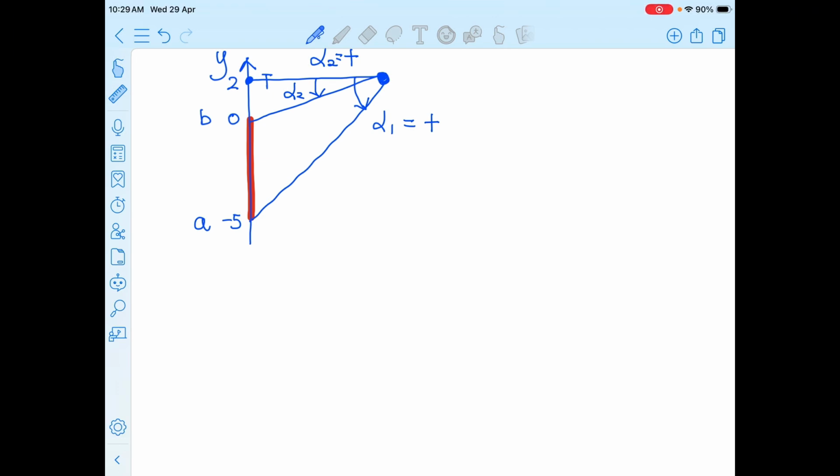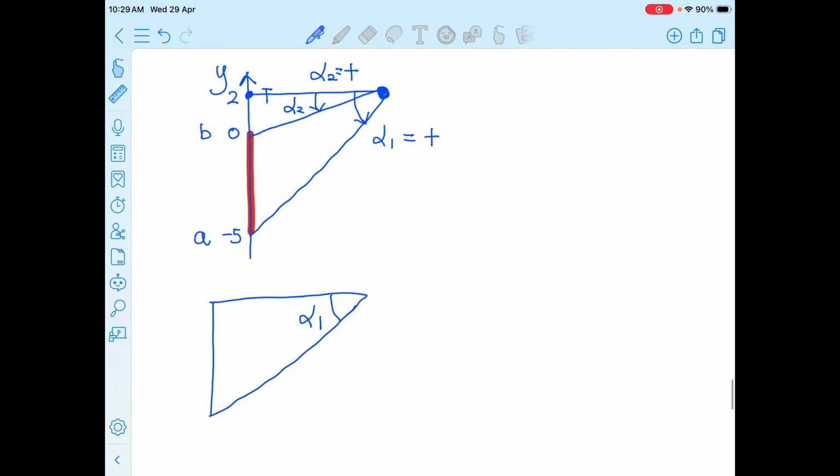So this is my alpha 1. This is my point T and this is my point P, and the length is just 1 unit. From point T to point A, here is 2 units and here is -5, so we have 7 units here.